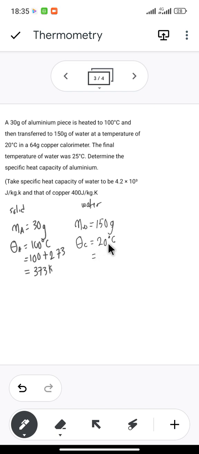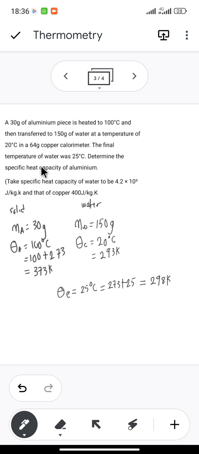Adding 273 to this, you're going to have 293 Kelvin. And they said the final temperature of water was 25 degrees Celsius. That's the equilibrium temperature after mixing the two. Equilibrium temperature is 25 degrees Celsius, which translates to 273 plus 25. This gives you 298 Kelvin.